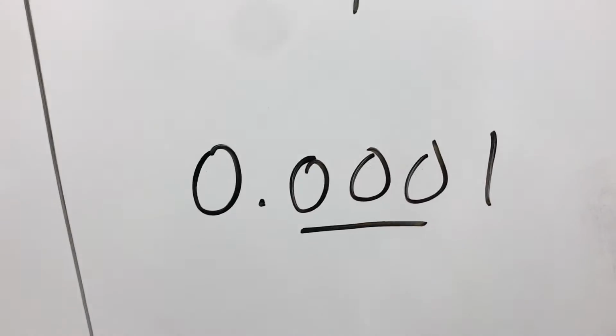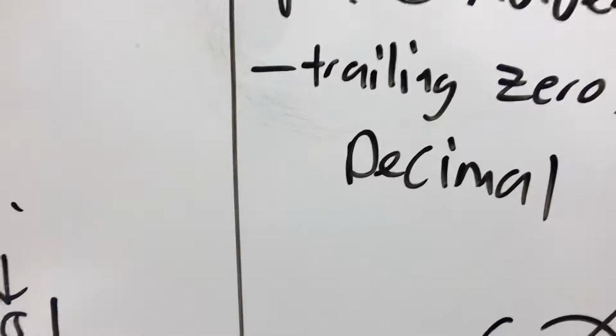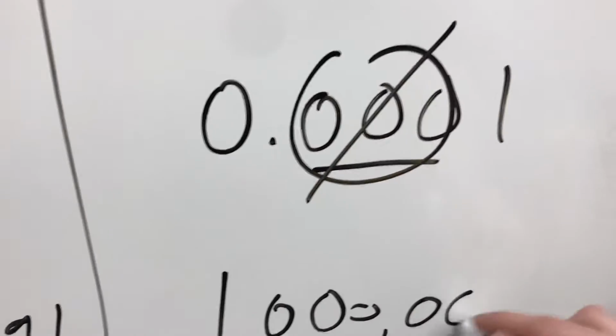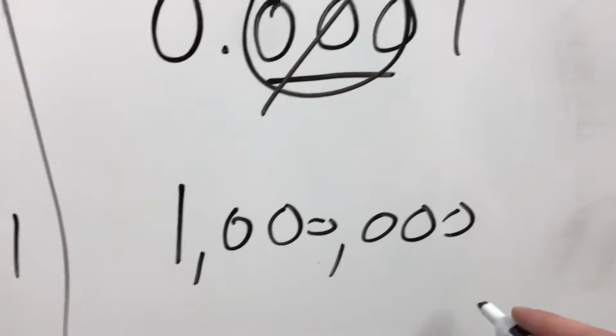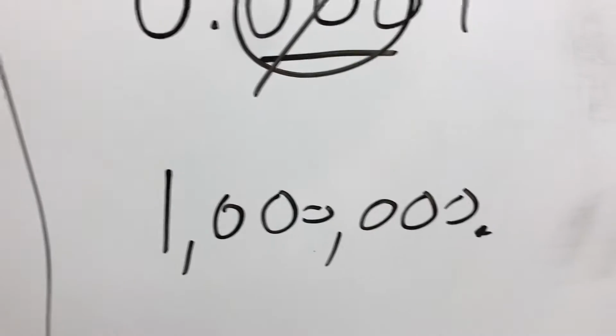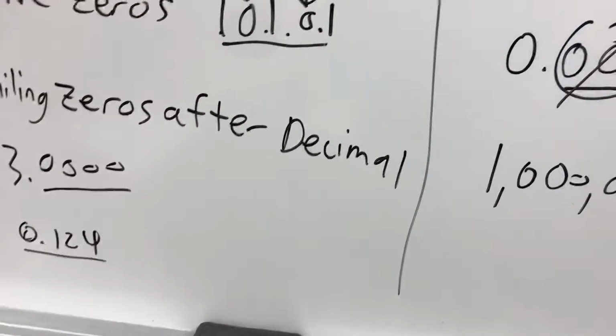None of these are sig figs. Or trailing zeros without a decimal, so 1, 2, 3 million. Without a decimal, none of these are sig figs. Suddenly, if I put a decimal there, all of these are sig figs. Okay, so keep track of those. Hopefully those are easy to remember.